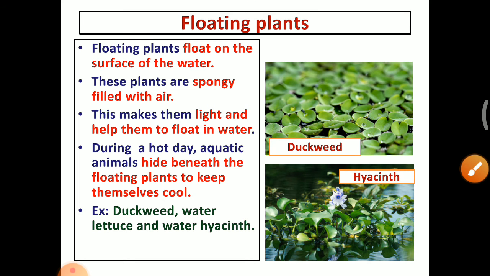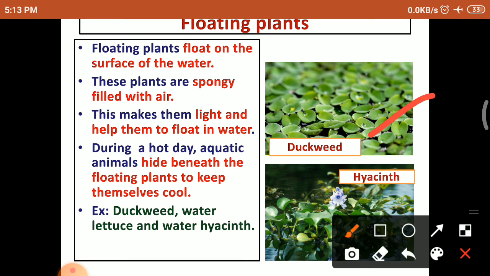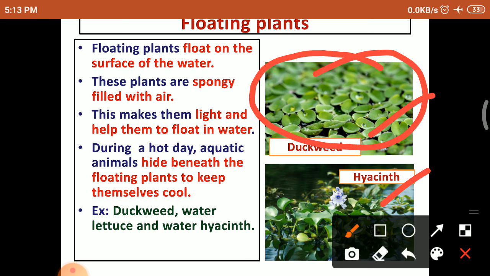First we are going to see what is meant by floating plants. Floating plants float on the surface of the water. Look at these two images. This is duckweed. The next one is hyacinth. These plants always float on the surface of the water. And these plants are spongy, filled with air.